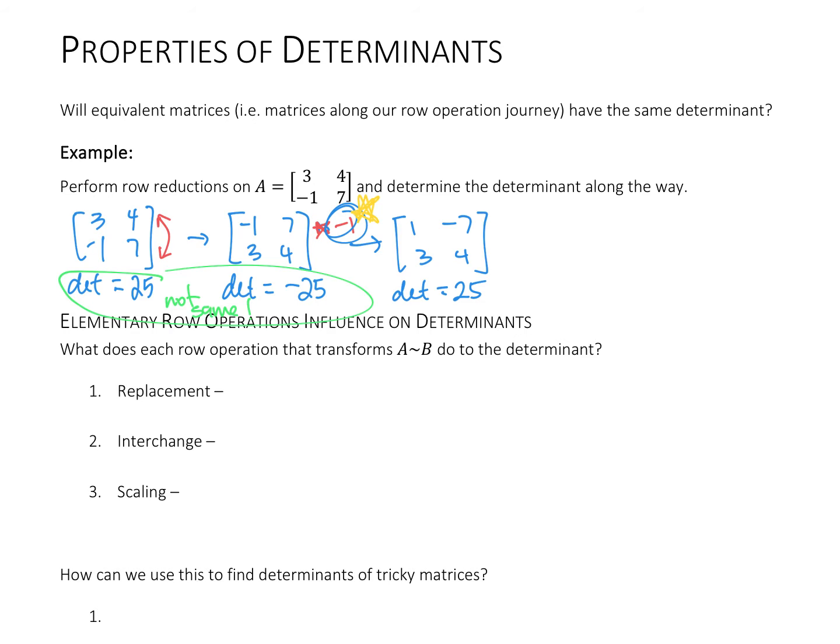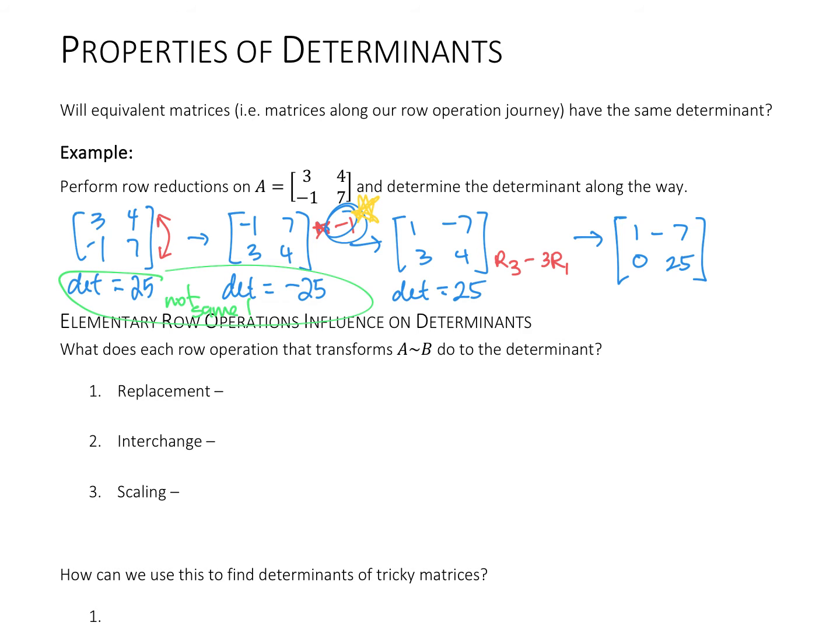So far we've shown 2 different row operations and what happens to the determinant. Now let's do a third type of row operation. We're going to do our replacement. I'm going to take row 2 and subtract 3 times row 1. And this is going to give me 1, -7, 0, and 25.